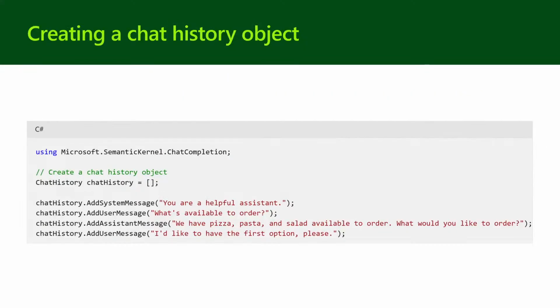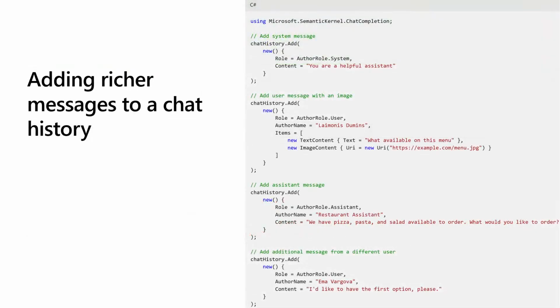Good. So, adding richer messages to chat history. For example, what's going on here is that, let me take my pointer. This is system role: You are a helpful assistant. This is another way of adding it in C#. Then this is user role, one with a username.